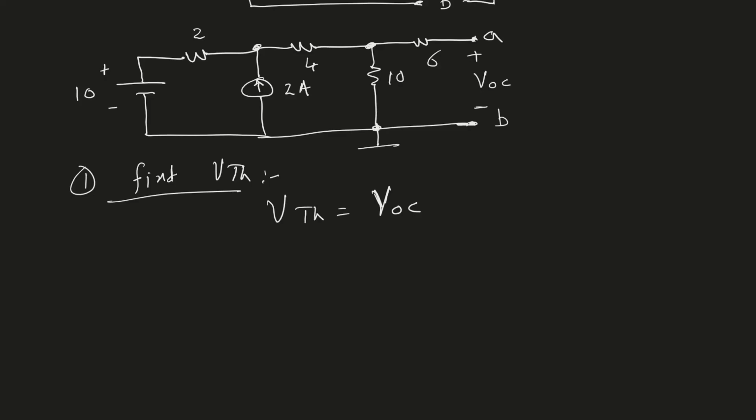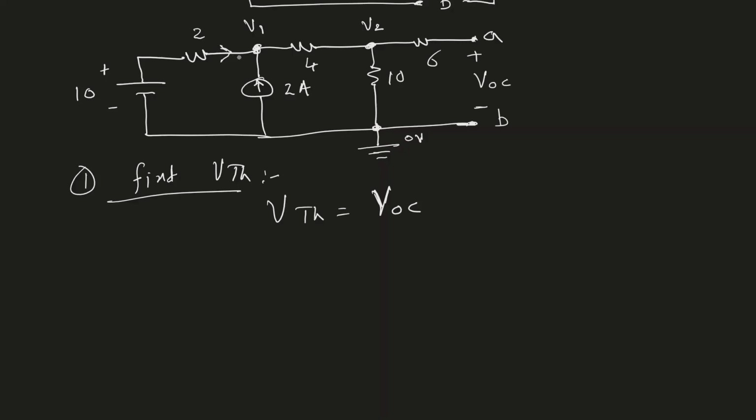For nodal analysis, I will assume a reference node. So this is my reference node where the voltage is 0 volts. And I can see that in my circuit, I have 2 different nodes. Let's say this is V1 and this is V2. To apply nodal analysis, we will consider node 1 and node 2, and we will apply KCL to both of these nodes. To apply KCL to the nodes, we need to assume the directions of currents.